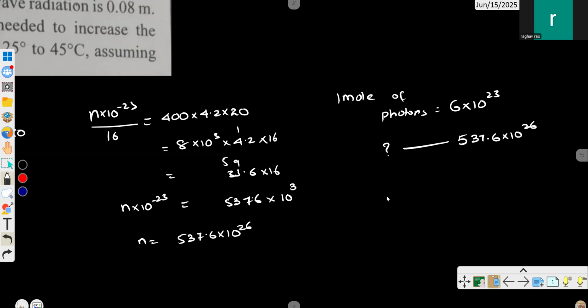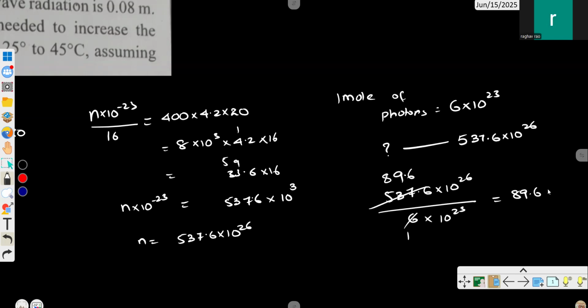So the moles would be 537.6 into 10 power 26 upon 6 into 10 power 23. That would be 89.6 into 10 power 26 minus 23, which is 3. Or you can take it as 8.96 into 10 power 4, which is approximately 9 into 10 power 4. This is the answer for this question.